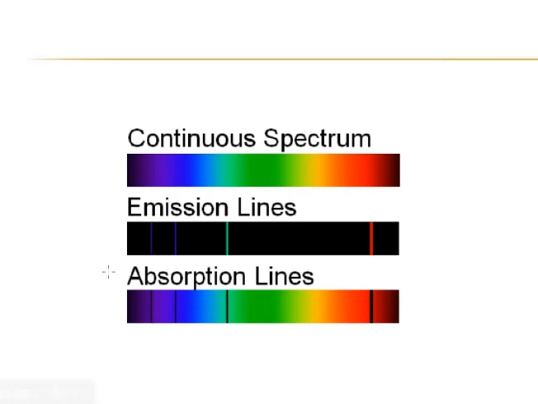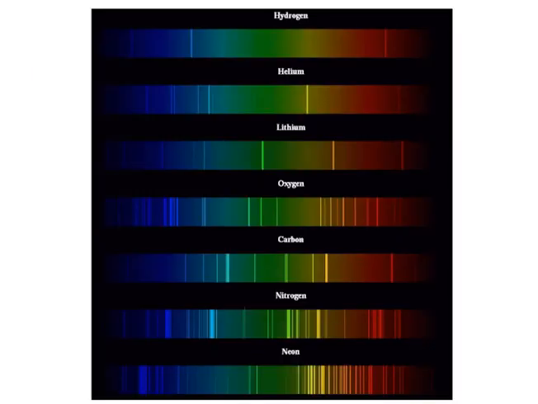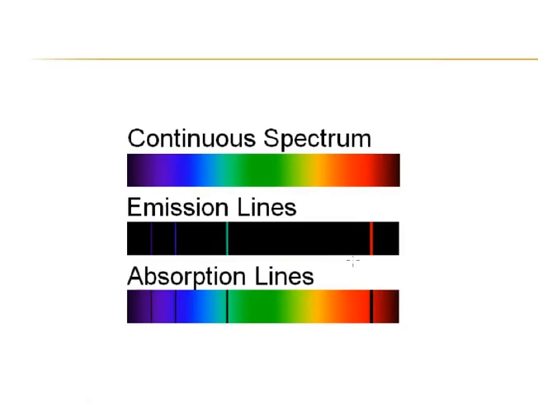And this is what we observe in the solar spectrum. Incidentally, as you can see on the screen, different elements have different spectra, both emission and absorption. For example, here I have shown you the emission as well as absorption lines for the hydrogen atom.